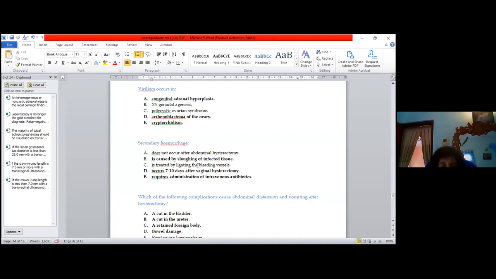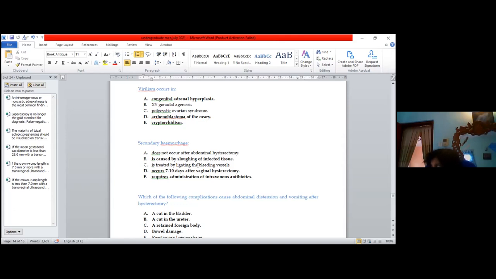So it is due to infection and sloughing off of the infected tissue. Therefore, there are a lot of raw areas there. You cannot ligate the bleeding vessels. So, what is the treatment? First line treatment is to resuscitate, then send blood and high vaginal swabs for culture and ABST, start intravenous broad spectrum antibiotics, and stop the bleeding by packing the vagina tightly, because there's no other way of stopping the bleeding, as we cannot ligate the vessels.